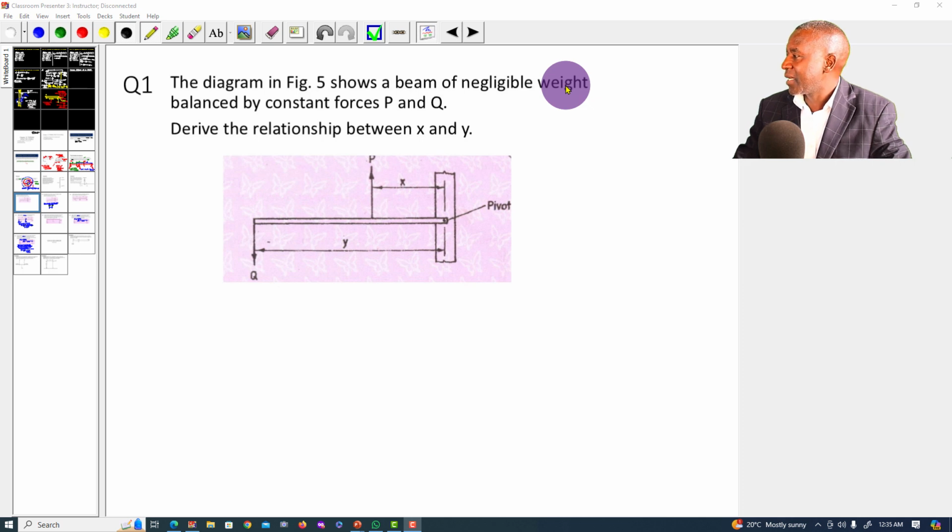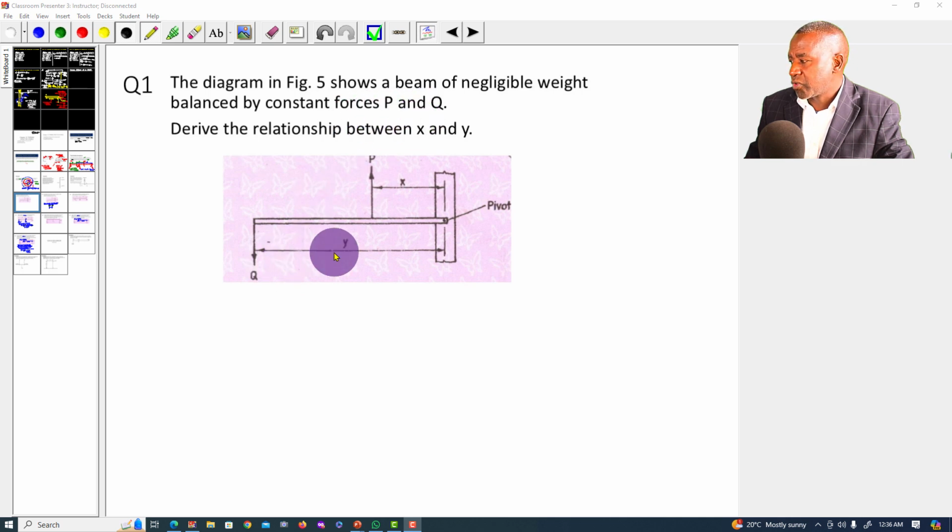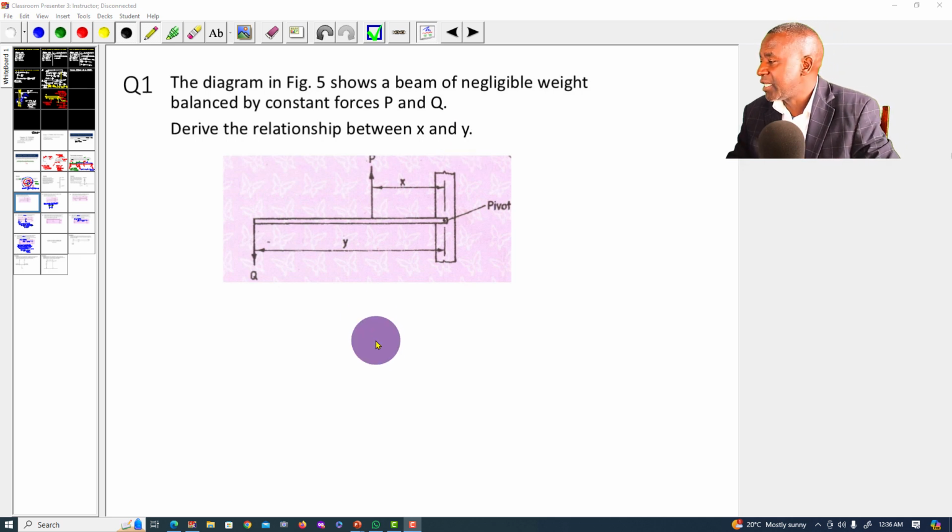So let's continue. In that diagram, we are told that it shows a beam of negligible weight balanced by constant forces P and Q. Derive the relationship between X and Y. Now, since this system is in equilibrium, it is in a state of balance.